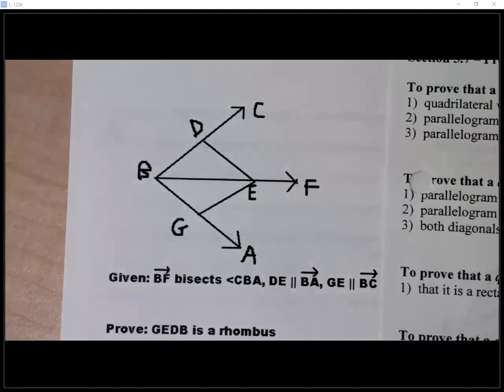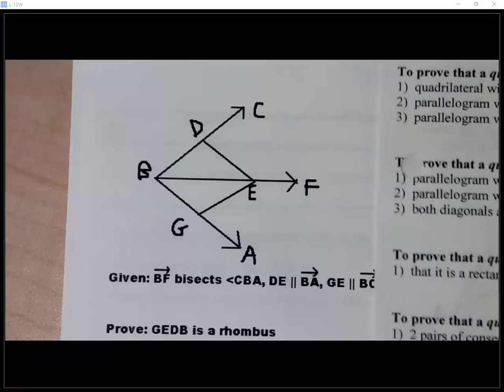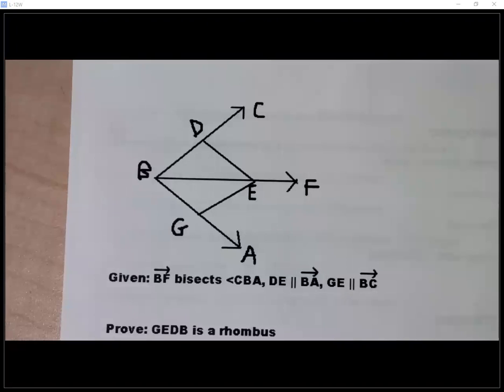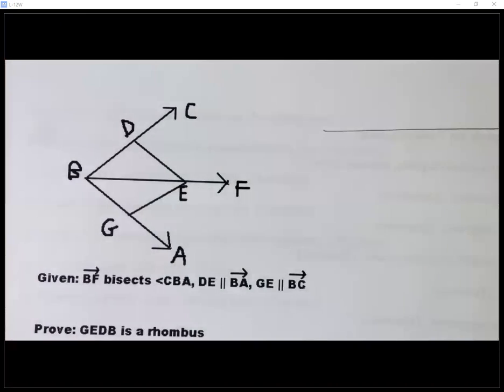I could show that I have a parallelogram and either of the diagonals are bisecting opposite angles. Or I could show that both diagonals are perpendicular bisectors of each other. So those are my 3 options. Let's see where I can even go with this. All right, let's write down the given, mark some things up, see where we can go from here.